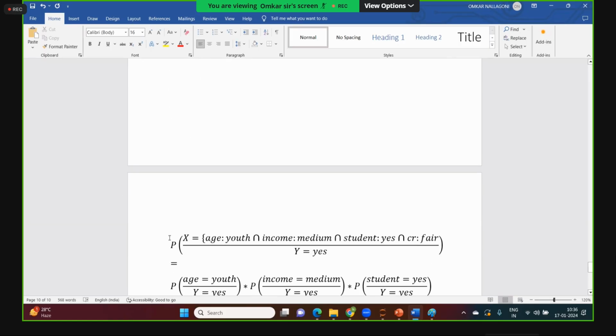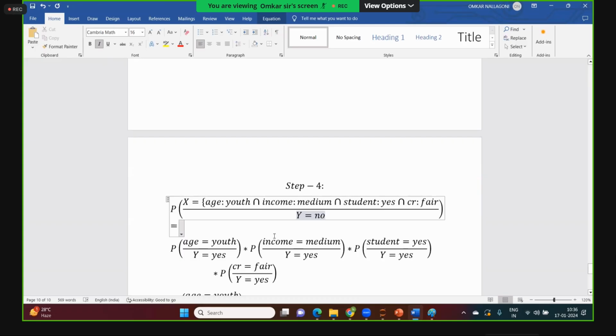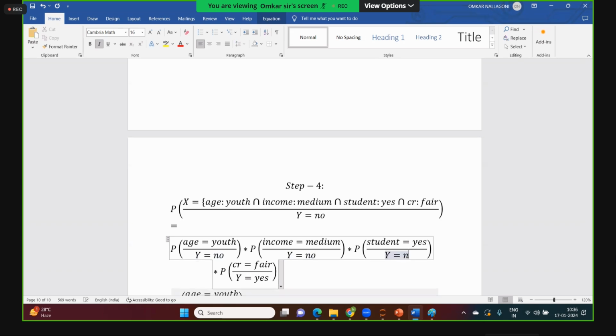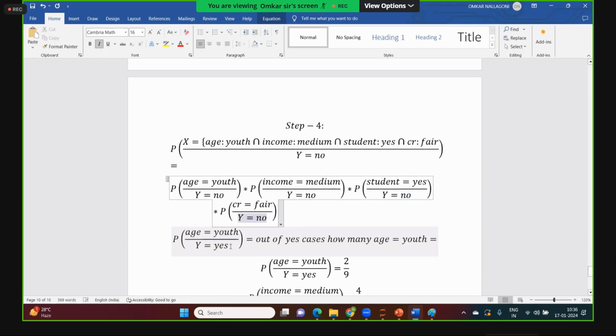Do it with me, otherwise you will not get it. This is the no case. And here also no. Here also no. Here also no. And here also no. And what is the meaning of no here?